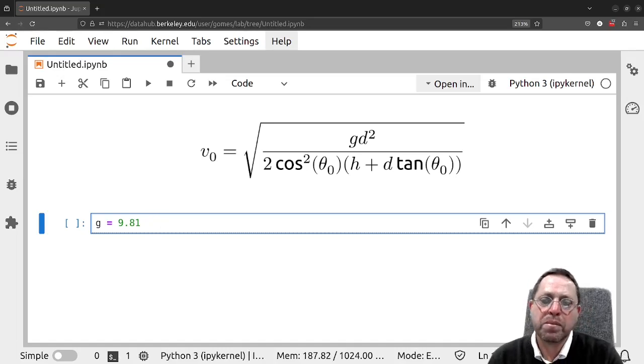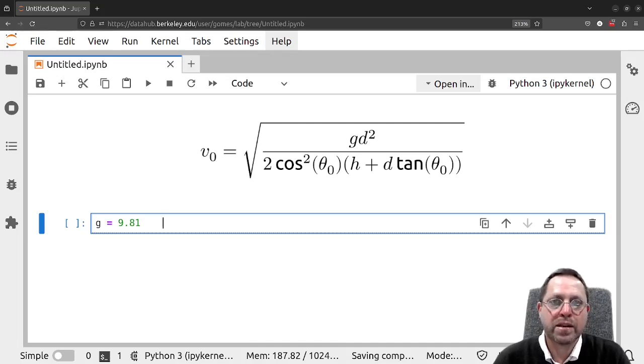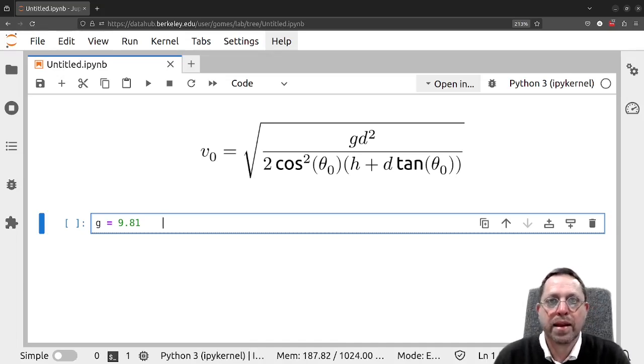We don't include the meters per second squared in the code, but it is a good idea to add a comment that reminds us of what this g is. In Python, we use the hash symbol for comments.